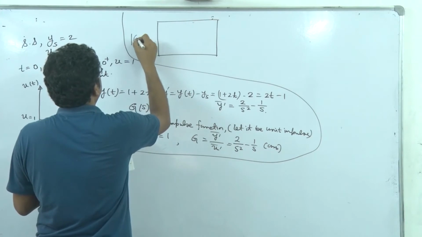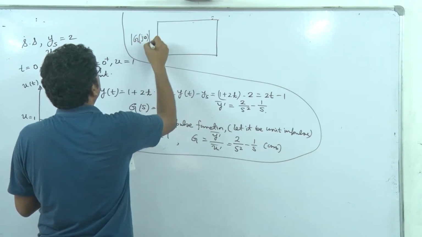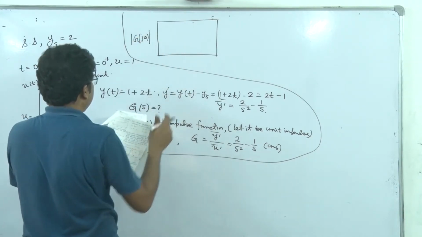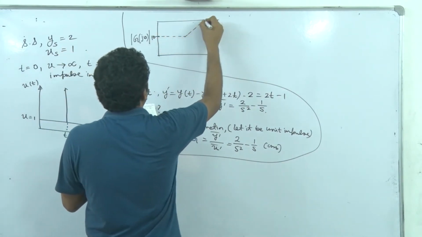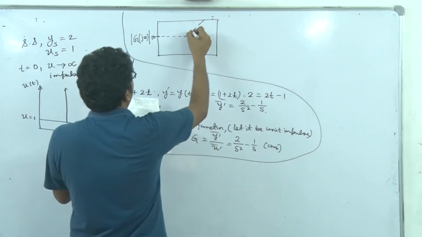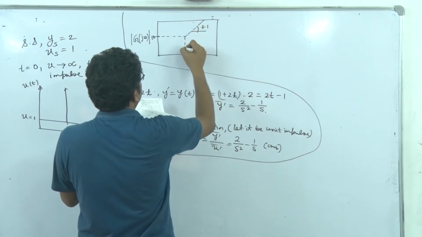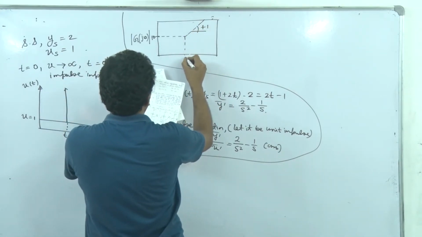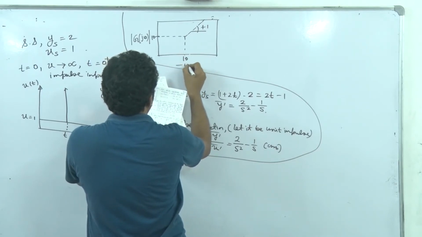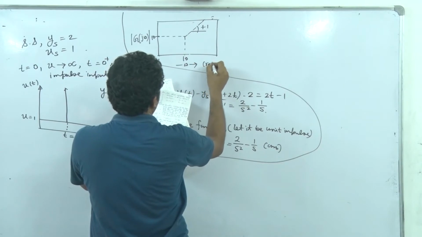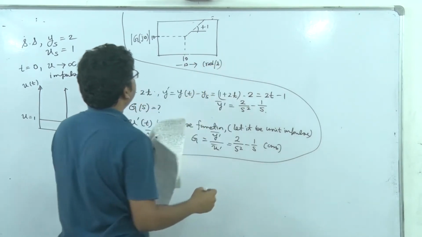So here the axis is the amplitude ratio, |G(j omega)|. This is 10 and the Bode plot is something like this. The slope is plus 1 and this is also 10, right? And this is the scale of omega in radian per second.